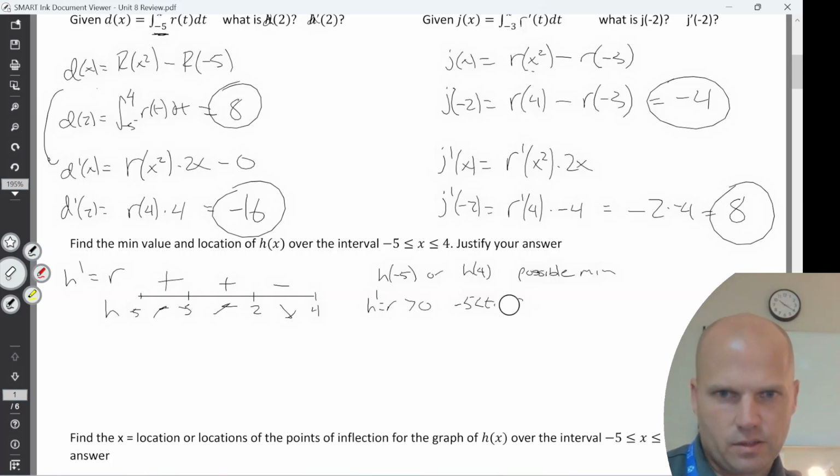These are x's actually. From negative 3 to 2. And then h prime, which equals r, is less than 0 from 2 to 4.